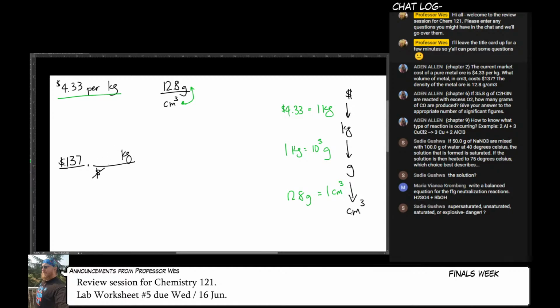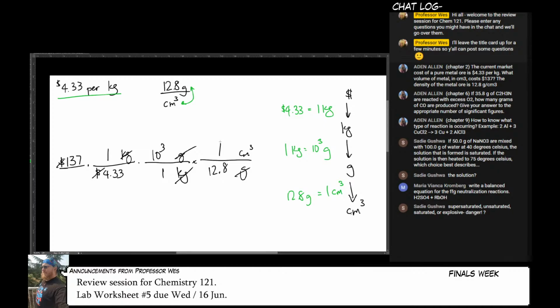So this would be money per kilogram, so the money will cancel out. And then we got kilograms to grams, and then we got grams to cubic centimeters. Just following the little flow chart that we've made, just like all these problems that we've been doing. And now we can run the numbers. So there were $4.33 per kilogram, a kilogram is 1,000 grams, and there are 12.8 grams per cubic centimeter.